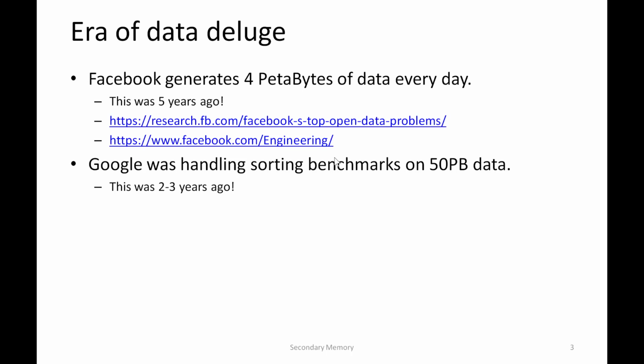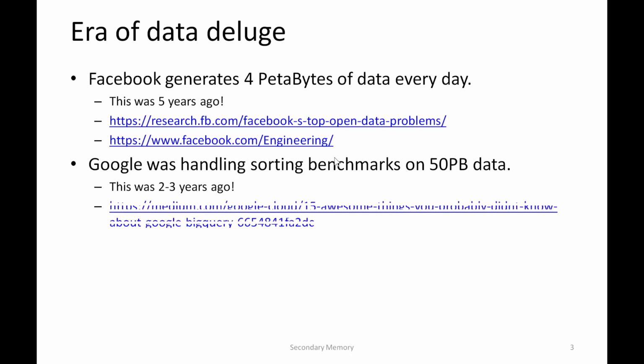For example, if you want to run your quick sort or any of the divide and conquer algorithms with billions and billions of data, how do we do it? Again, there are a couple of interesting problems that you can see.